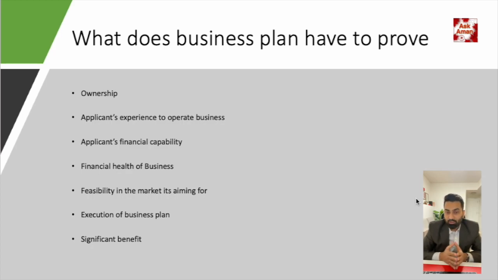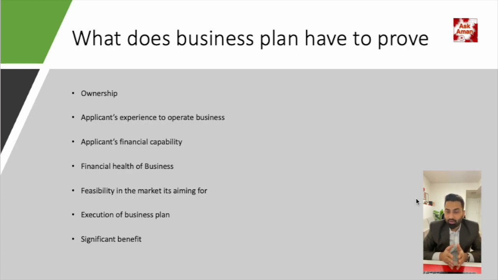If your execution plan is not strong, you will have a high chance of getting a refusal. So make sure that whatever you propose is very clear, demonstrated that it can be achieved in the place you are going to achieve it, and that you have the resources financially, skill wise, and manpower wise to actually do that business plan.